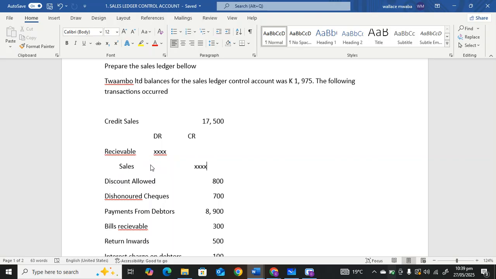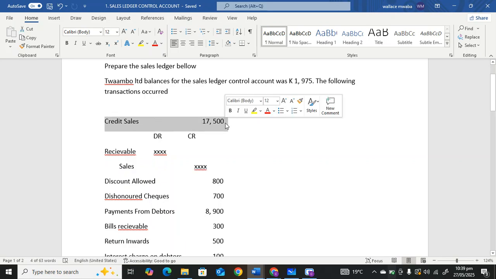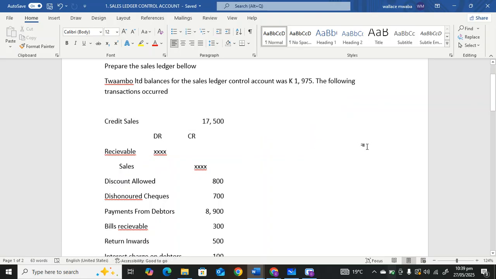So the question is, this total credit sales of 17,500, where is it going to be on our control account? Is it going to be on the debit side or the credit side? From that journal entry, where you see the receivable, yes, it's going to be on the debit side.